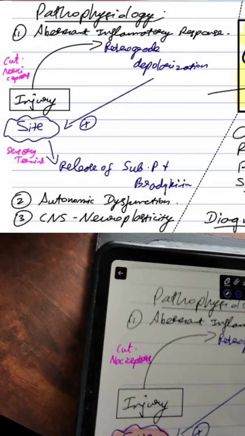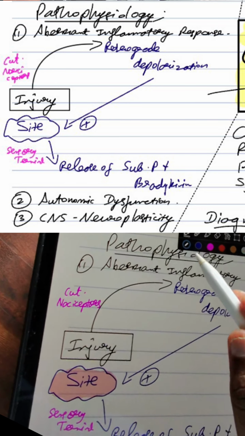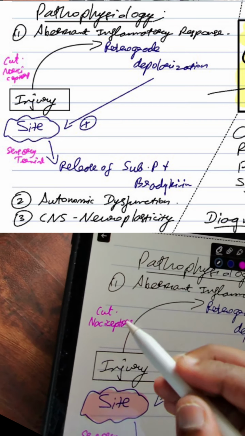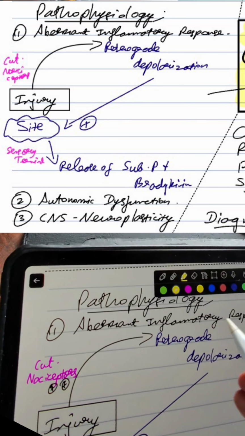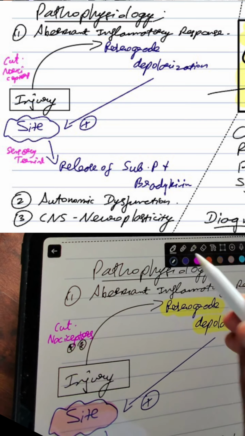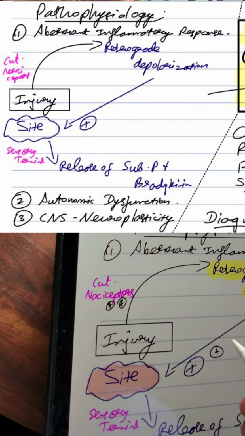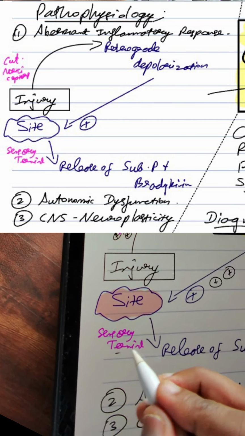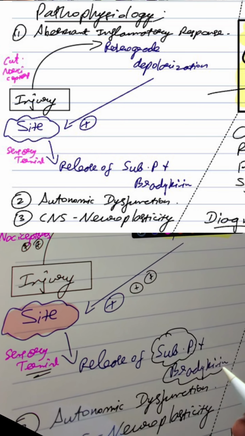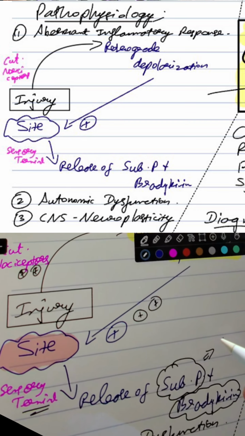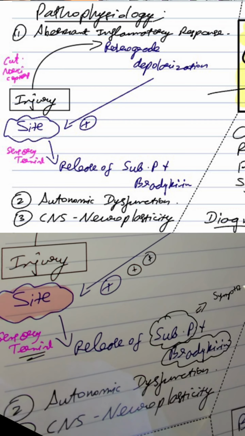Now we will go for pathophysiology. Whenever there is an injury, there is activation of cutaneous nociceptors, which in turn leads to retrograde depolarization, and at the site from the sensory terminals there is a release of substance P and bradykinin, which in turn causes the symptoms.